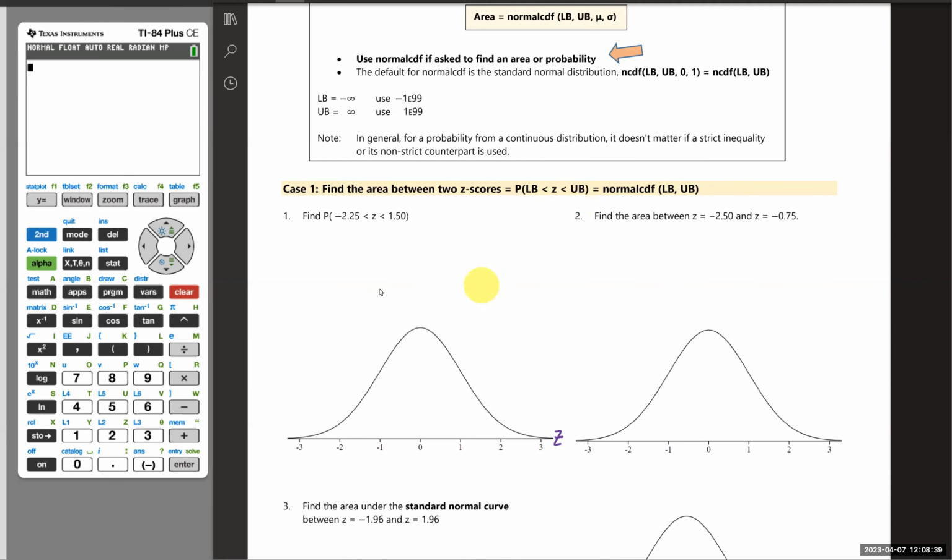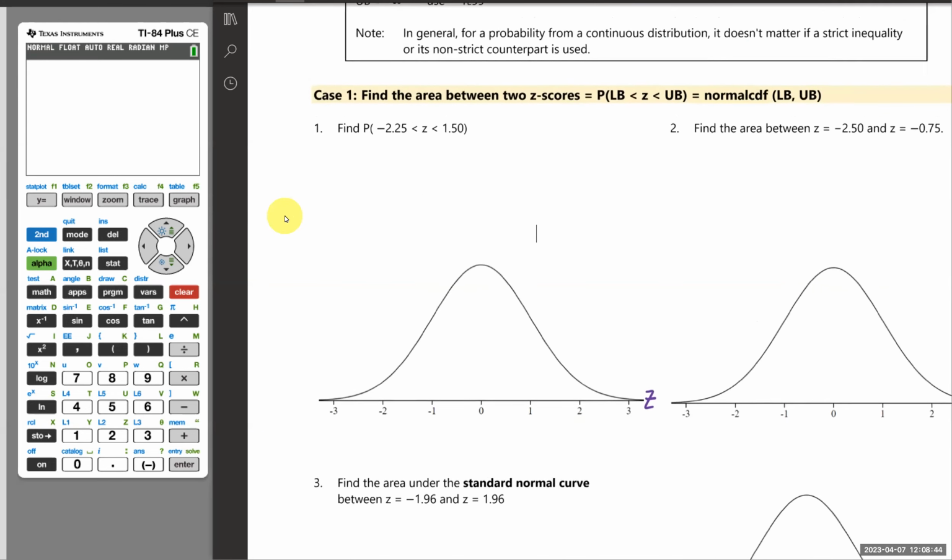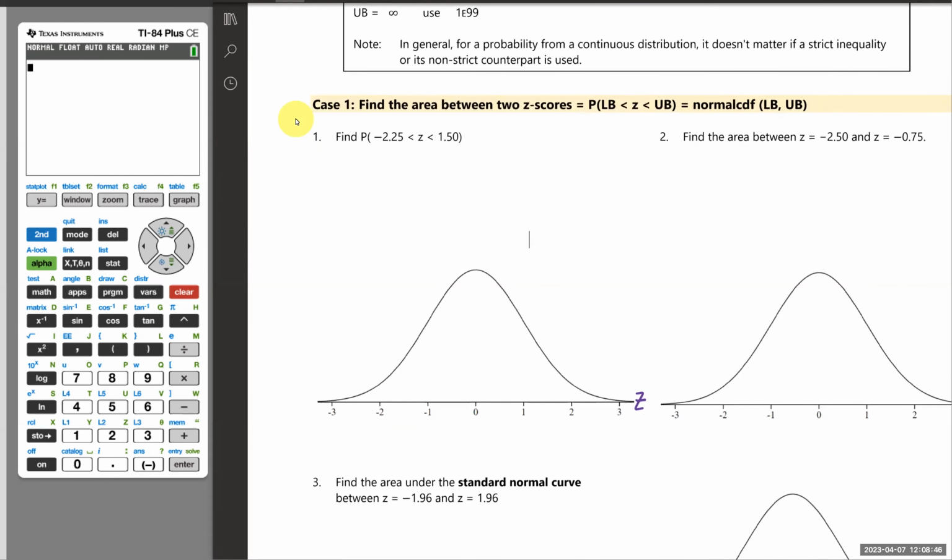All right, so let me first start with this one. And we do a lot of sketching of bell curves this semester, so it's always good to get a feeling for what these graphs look like. On my graph, I'm first going to put the line down the middle here. The mean is 0 for z-scores, so this is our standard normal distribution. And we want to look at the probability of a z between negative 2.25, you can just approximate there.